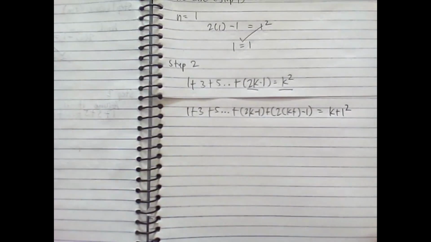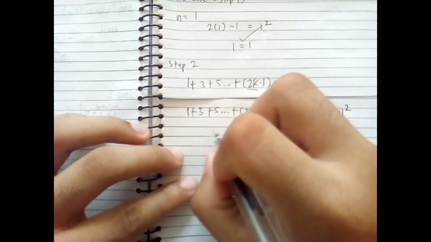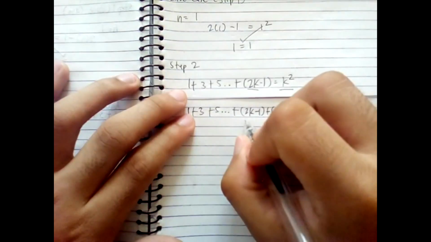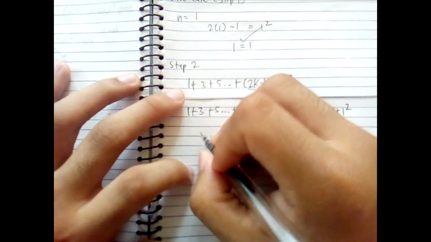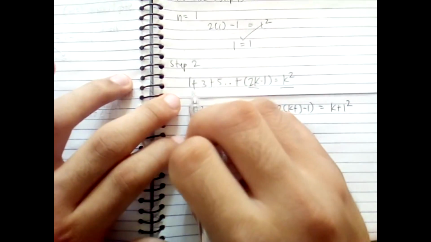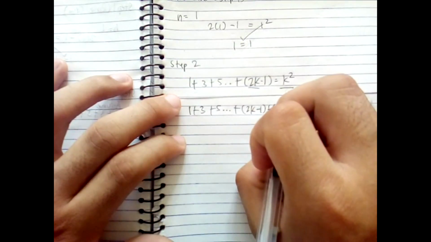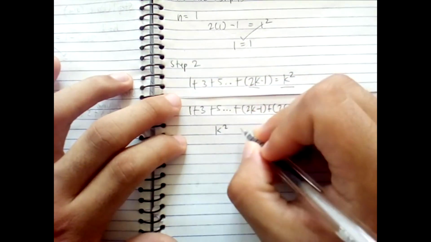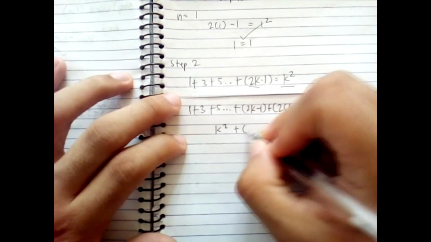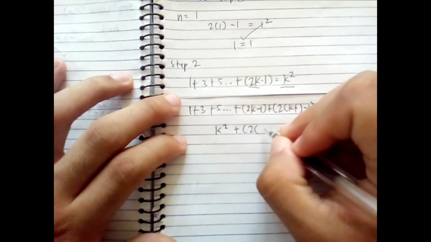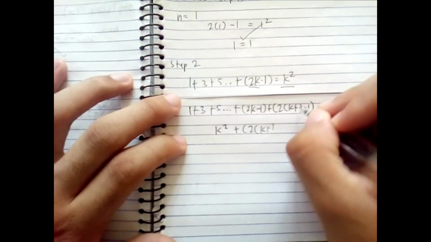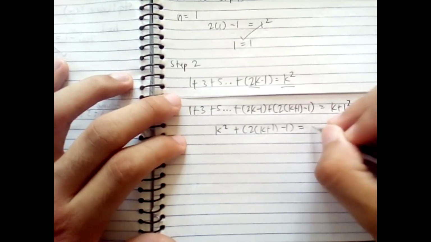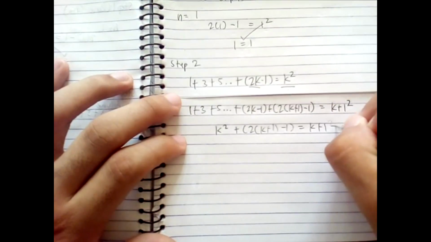After that, we do this. We substitute this to here, because we assumed that this is equal to this. So what will happen is k squared plus 2k plus 1, forget the one there, minus 1 is equal to (k plus 1) squared.